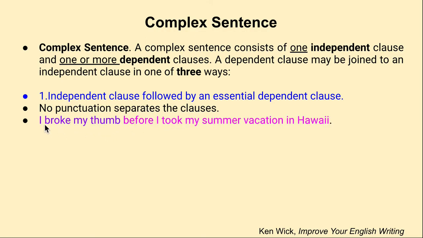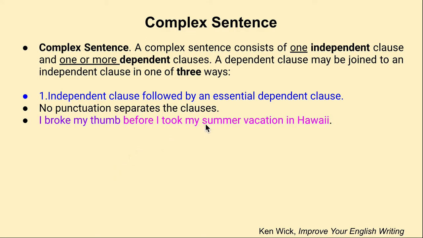So here, I broke my thumb is an independent clause, and before I took my summer vacation to Hawaii is a dependent clause, because you have a subject and predicate, and before is a subordinating conjunction. So I broke my thumb before I took my summer vacation to Hawaii is a complex sentence, one independent, one dependent, and since it's independent followed by essential dependent, then no comma.